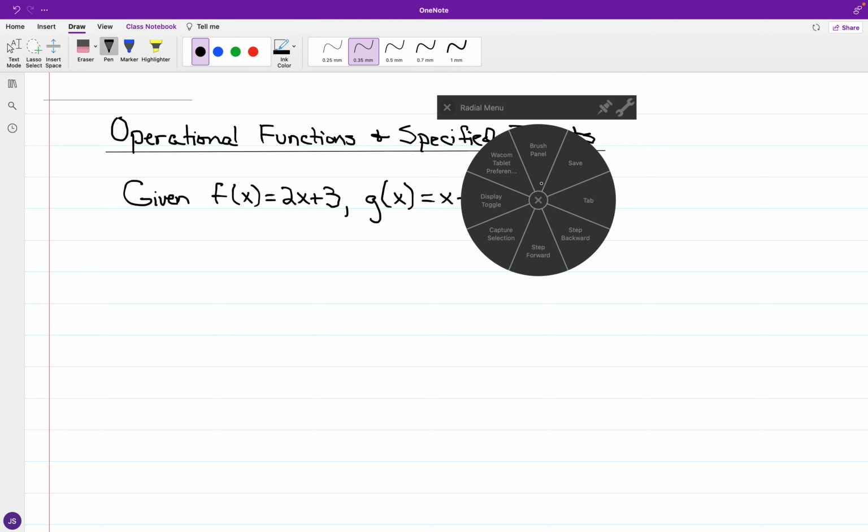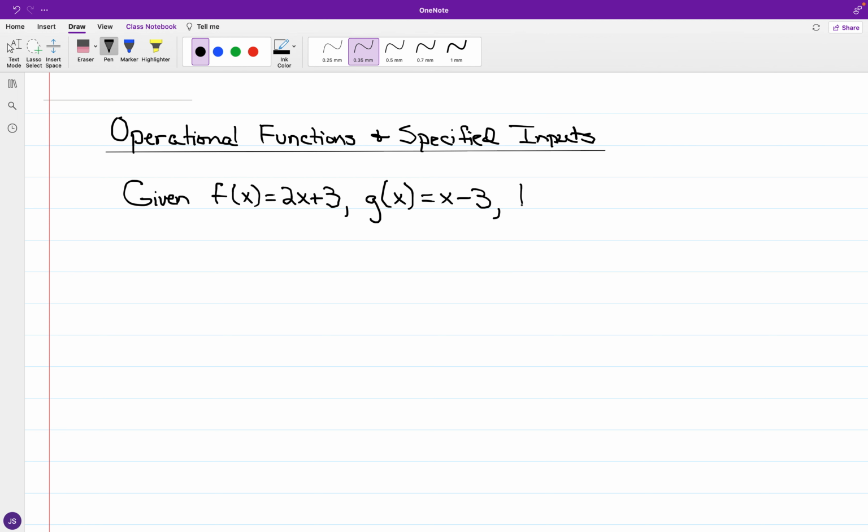And we'll say we have h of x, which will be equal to x plus 10.